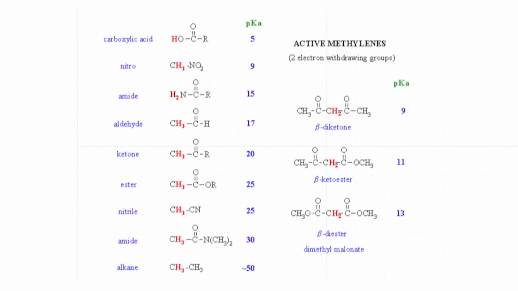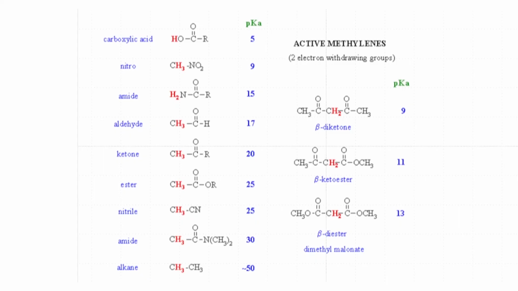So with that, now let's look at the concept of active methylene. Active methylene is usually referred to when you have very strong electron withdrawing groups on a particular methylene carbon. We were discussing a methyl group; now here is a methylene group, which is an active methylene group.